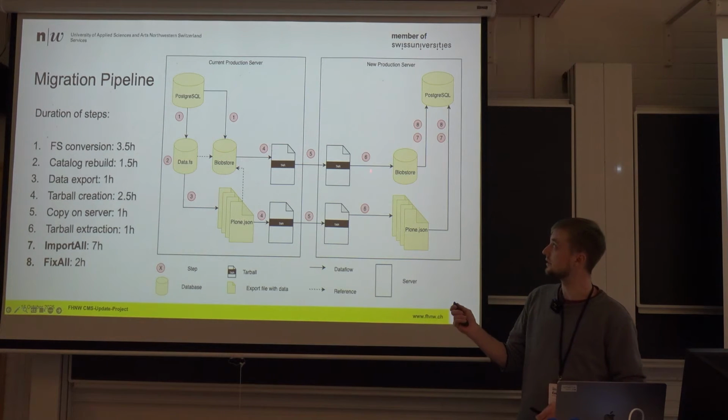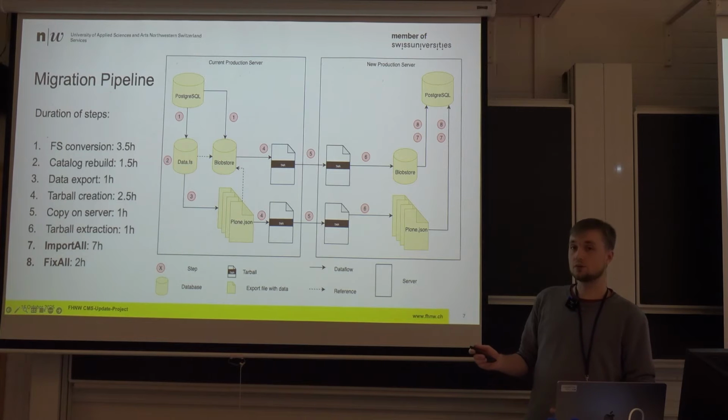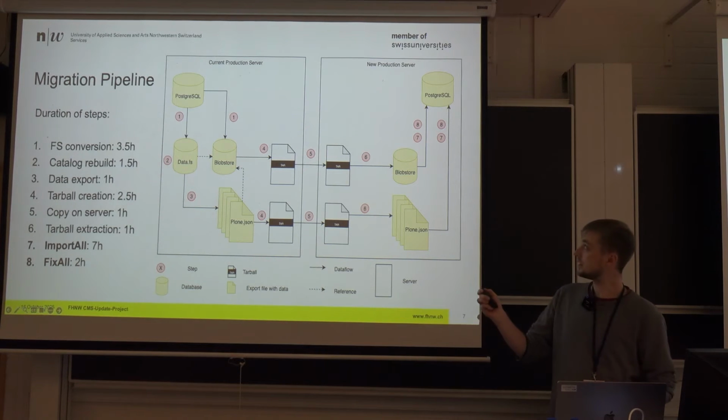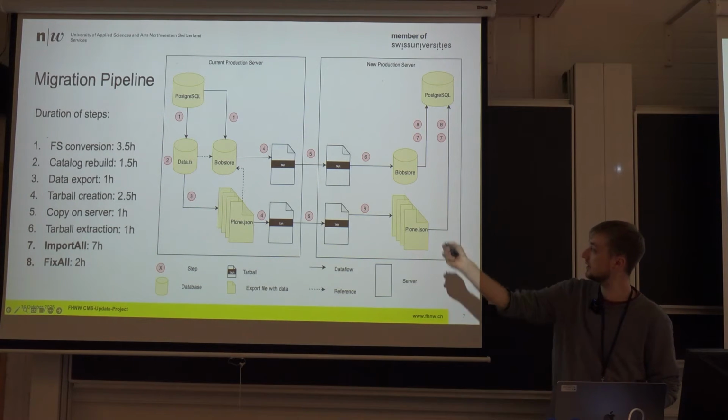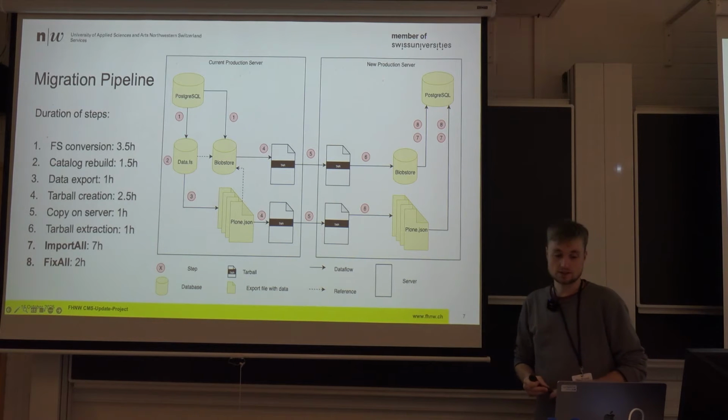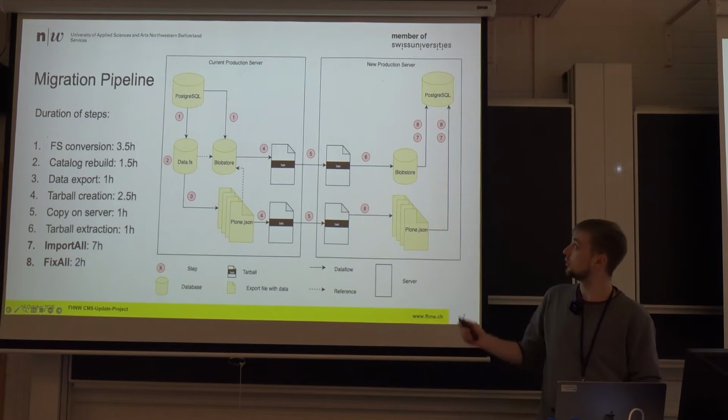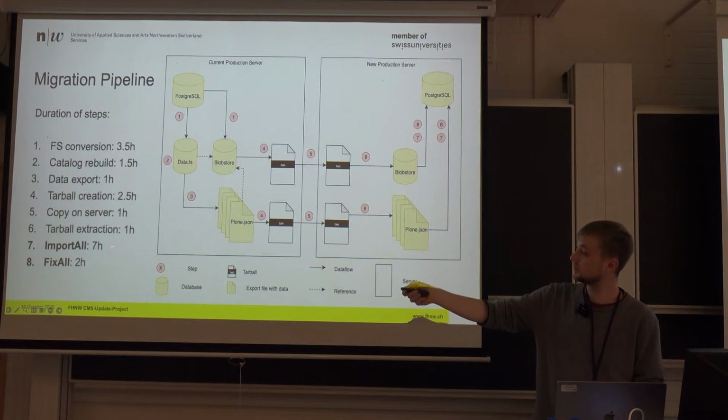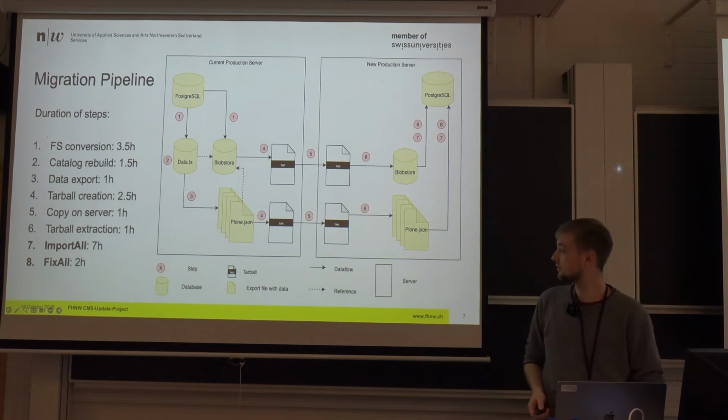Steps 4, 5, and 6. And so now we had on our new system the blob store again and all the exported files. And then came the import, which was split up in the import all and the fix all.